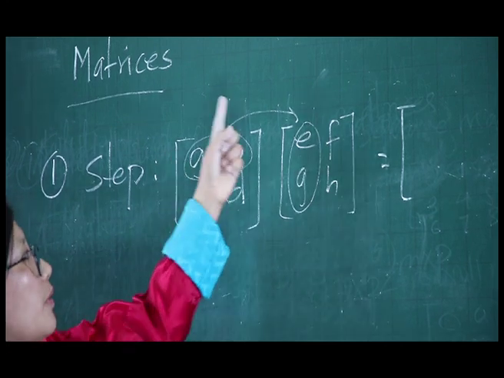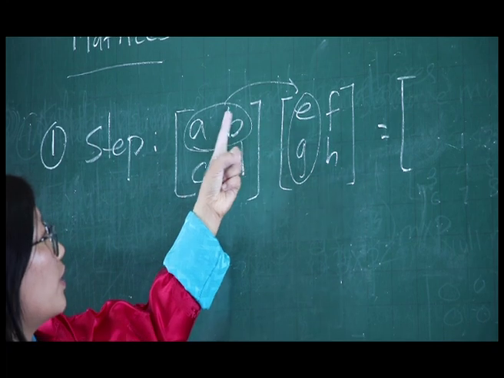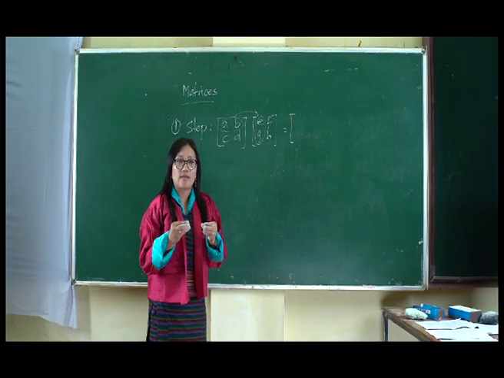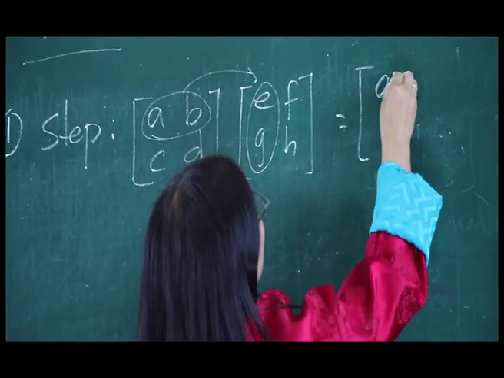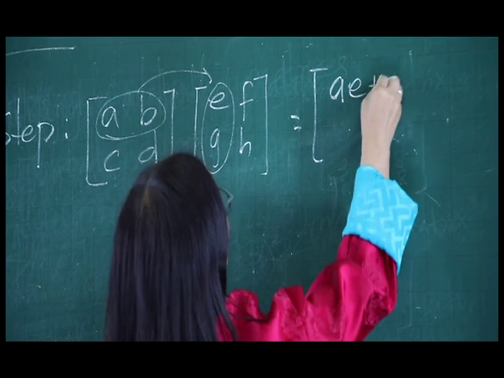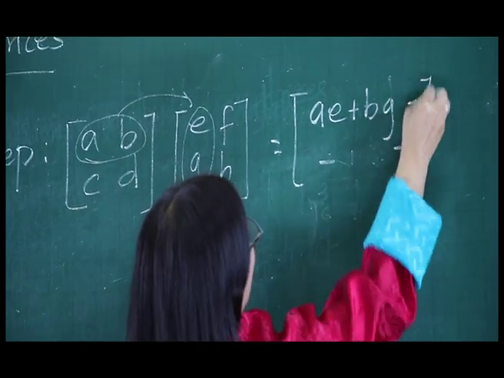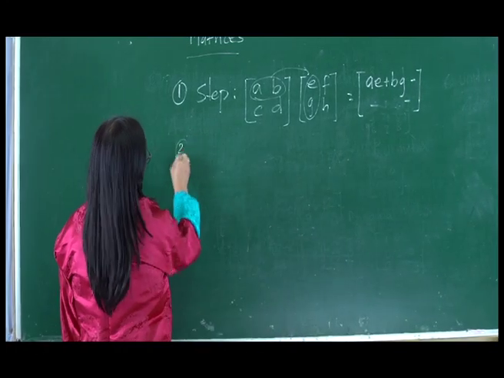Element A will be multiplied by element E, and then element B will be multiplied by element G, and then we have to add the products. So this is our first step. Now let us move on to the second step.